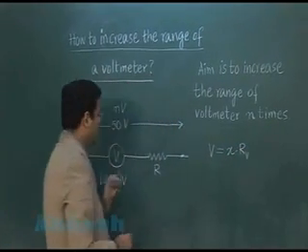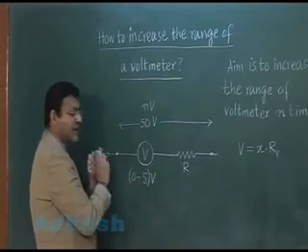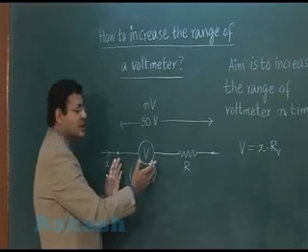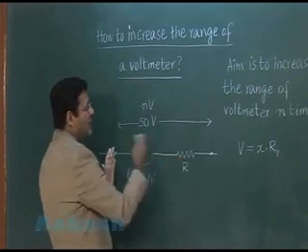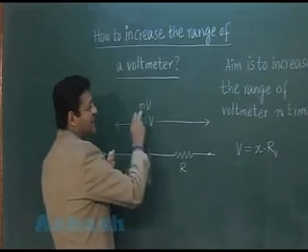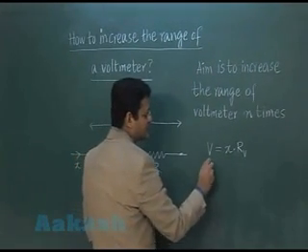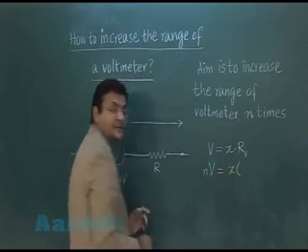You understand? जो भी इसके क्रॉस पोटेंशियल ड्रॉप था, दैट वाज सिंपली द करंट मल्टीप्लाइड बाय द रेजिस्टेंस ऑफ दिस. रेजिस्टेंस इज RV. नाउ अगर आप इसका रेंज nV करना चाहते हैं, if the new range is n into V, then this is X times.